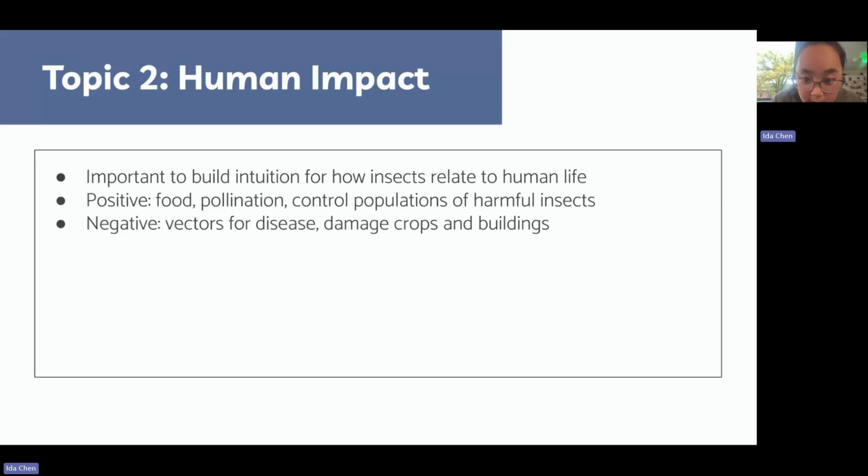Entomology B. Yeah, so it seems that human impact, and how insects interact with human life in general, will be covered on both exams.